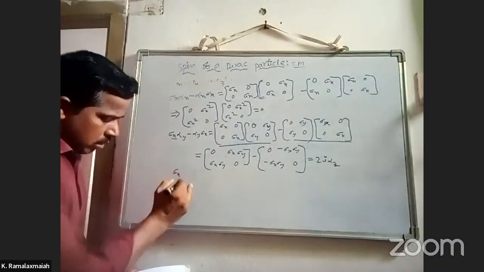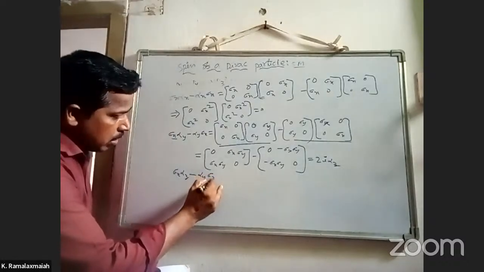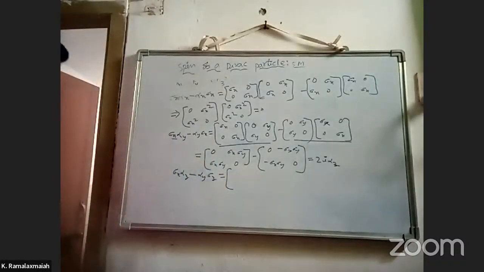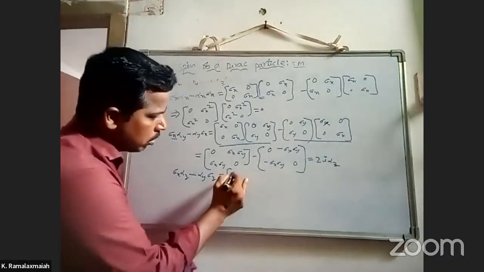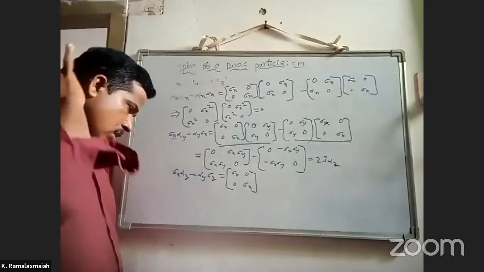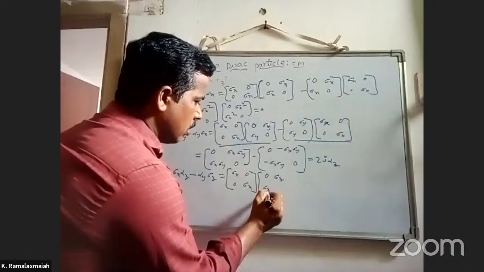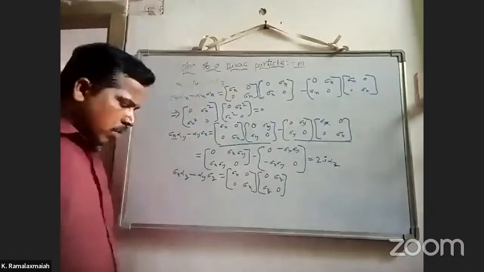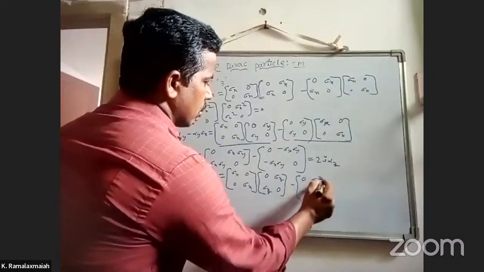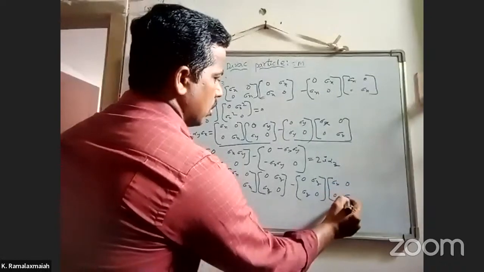So sigma x alpha z minus alpha y sigma z is equal to sigma x 0 0 sigma x, 0 0, sigma z 0 minus 0 sigma z, 0, here sigma x 0 0 sigma x.